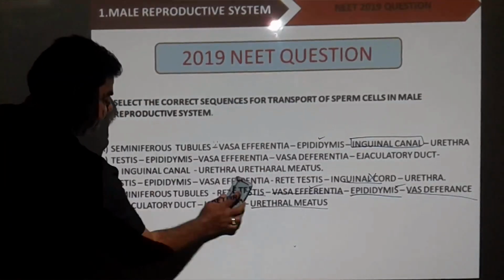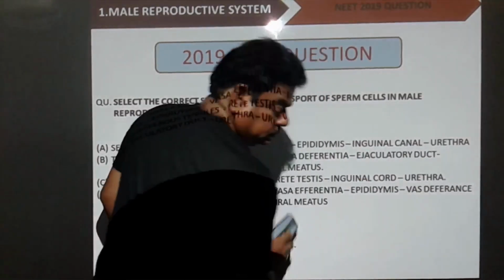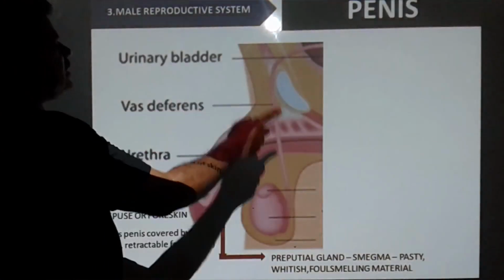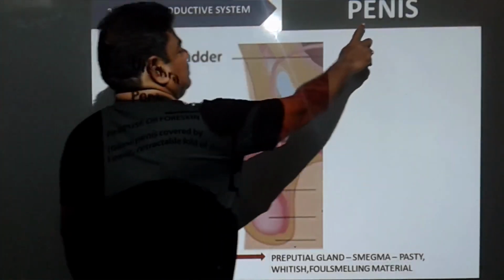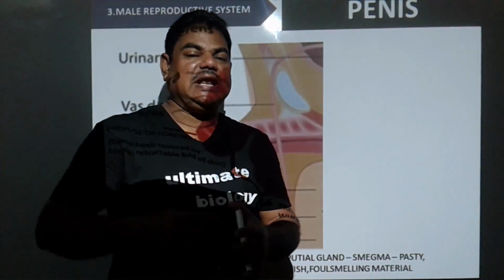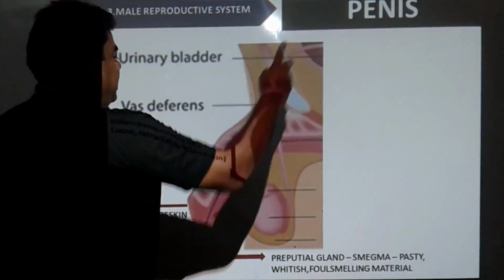Now see, next, the last part, that is the penis. External genitalia consists of the penis, glans penis and the foreskin.